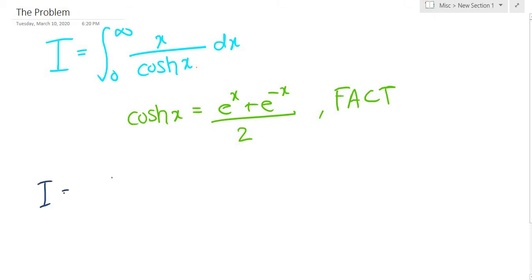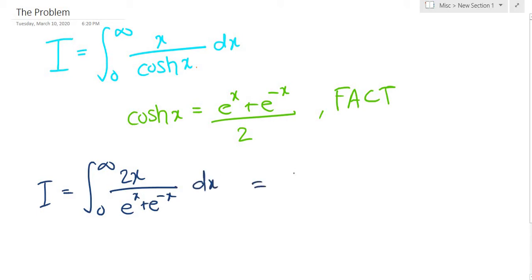So I can be rewritten as the integral from 0 to infinity of 2x, actually, because the 2 goes on top, and in the denominator we have e raised to x plus e raised to negative x dx. Now we can convert these negative exponents into positive exponents by, say, taking the LCM.